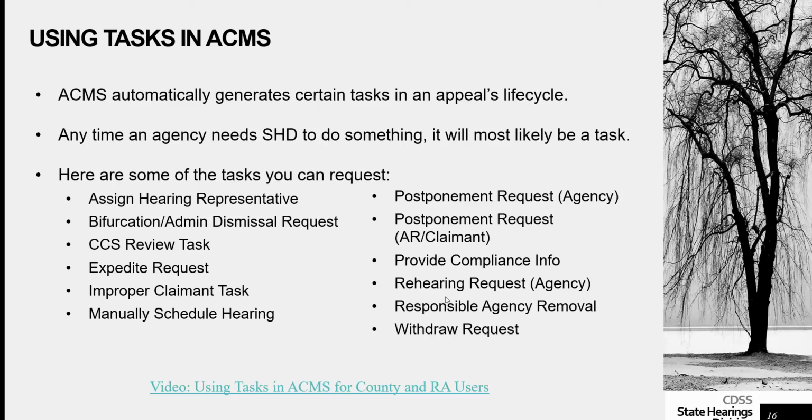And here's a listing of some of the different tasks that you can request. And of course, we do a deep dive into how to use tasks in ACMS with a lovely video called Using Tasks in ACMS. And this video is recommended for county users, RA users, and health plan users.